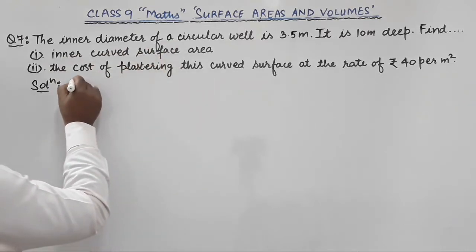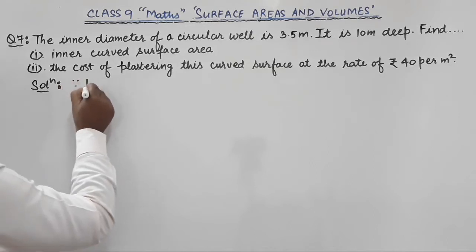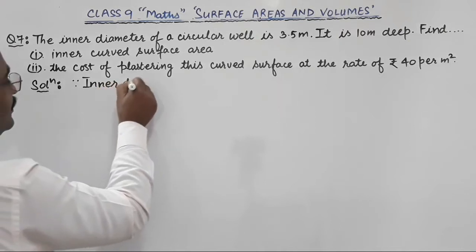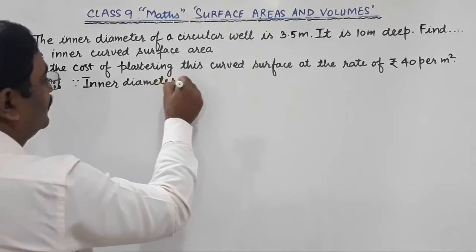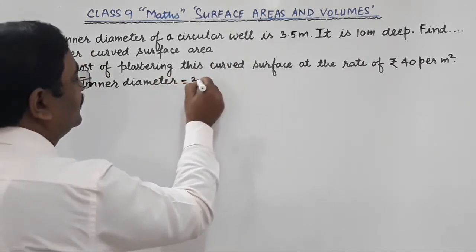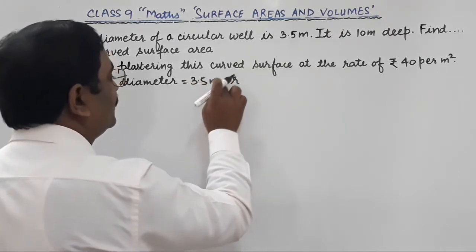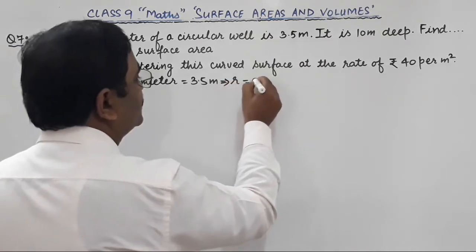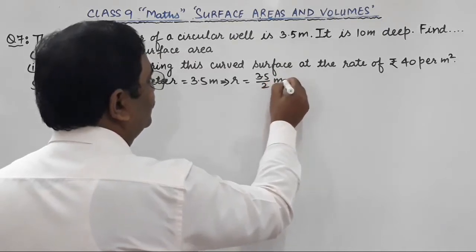Okay friends, as the information given, we should write it: the inner diameter is given as 3.5 meter. So its radius is half of the diameter, which is 3.5 divided by 2 meter.